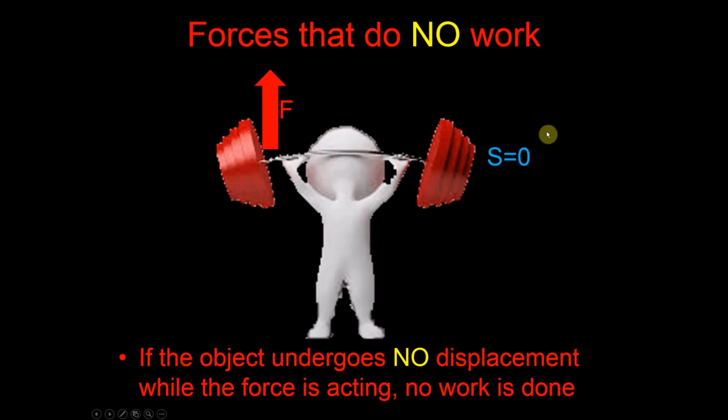So if S is equal to 0, work is equal to F times 0. So if an object undergoes no displacement, even while the force is acting on it, no work is done. So next time you're holding some weights stationary and it's really hurting, just remind yourself that you're not actually doing any work.